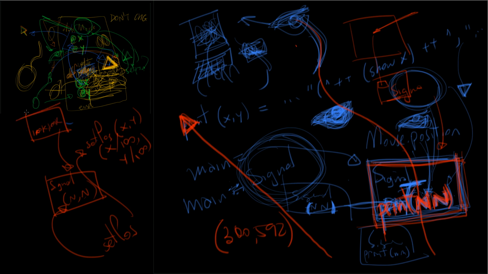So it goes 1k across and 1k down, and our screen is only 1k by 1k. So our set position simply divides by 100. So that is the function that we insert into signal.